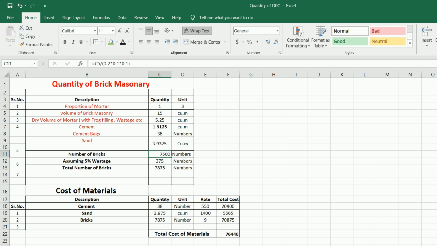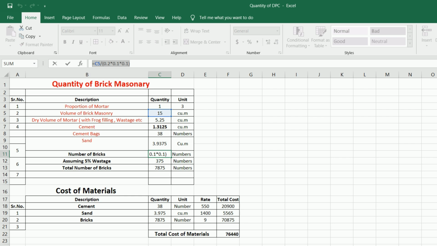Now how many bricks are required for 15 cubic meter wall? We require 7,500 numbers. The formula is equal C5, where C5 is the volume of bricks, divided by standard size of brick.